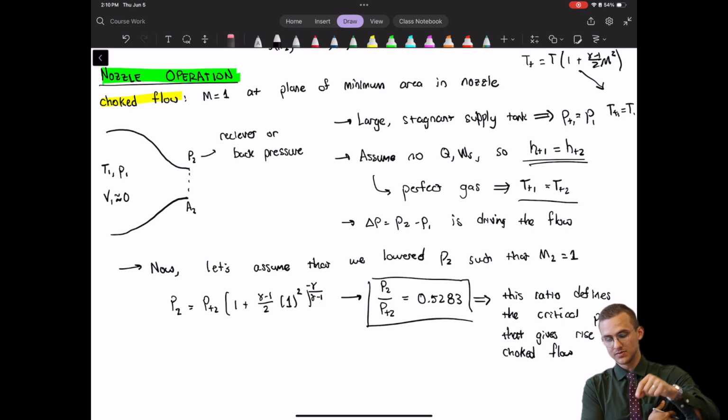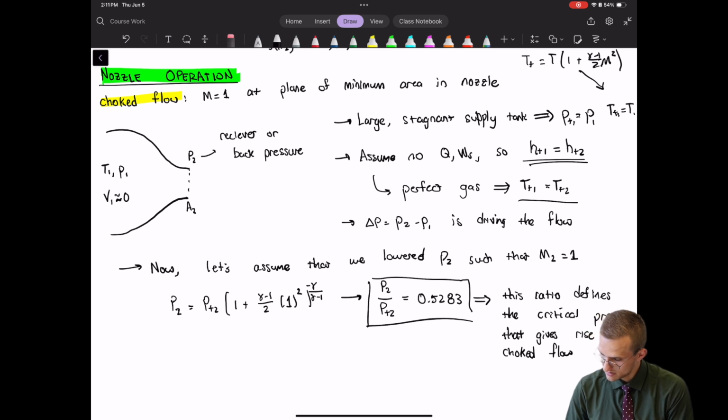So dropping the back pressure any further than that is not going to affect the dynamics from the throat going upstream. And so it just remains choked. So your condition for choking is that the ratio of the back pressure to the upstream stagnation pressure needs to be lower than this value, this 0.528.